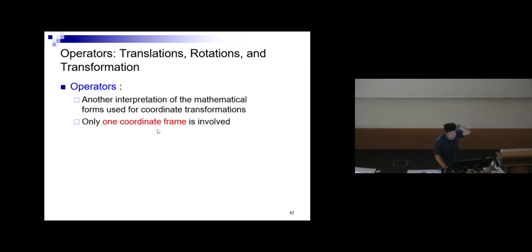Typical operators comprise translations, rotations, as well as transformations. When we consider operators instead of what we've gone through just now, the matrices and the different frames, as we have mentioned, we only have one coordinate frame. So we don't move around the frame anymore, but we have one single coordinate frame, and then we are going to have all the different operators.